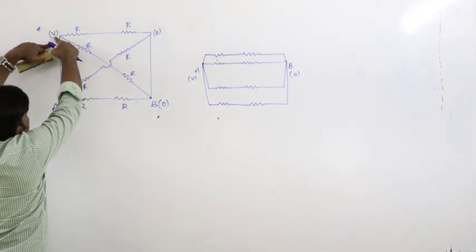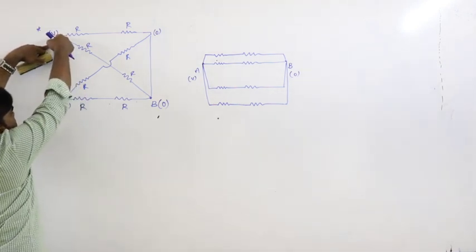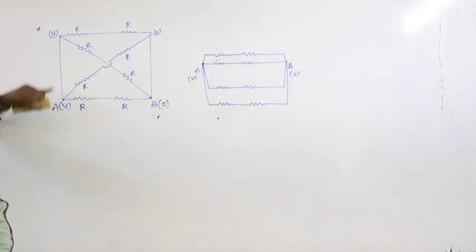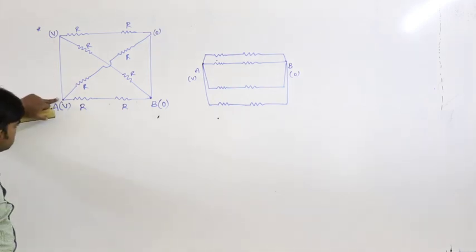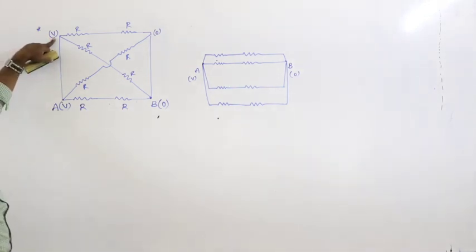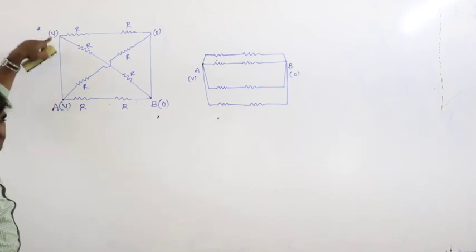Next, here this is point A, here also it is point A, because there is no potential difference. If this is point A, it is also the point A, because there is no potential drop here.